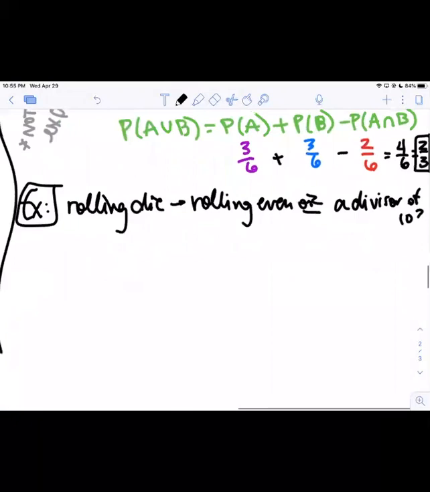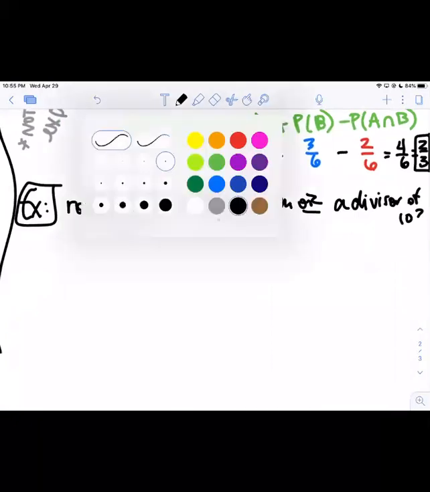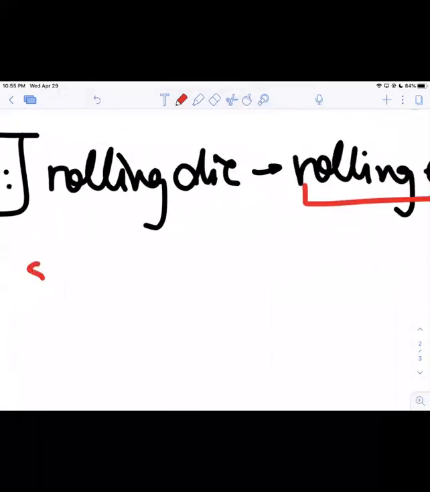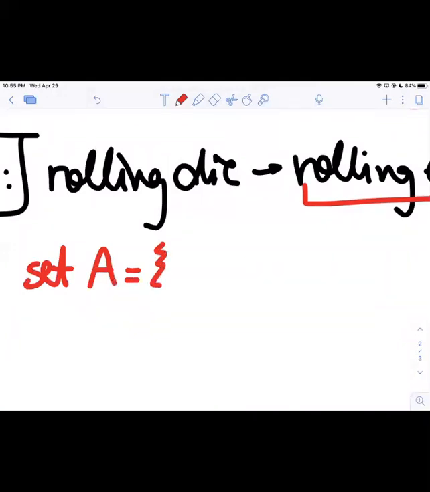Rolling an even or a divisor of 10. Okay, so we can think of set A as being rolling an even. So what are my options for set A? What would be a success if I rolled an even? Yep, 2, 4, and 6. Those are all even numbers.